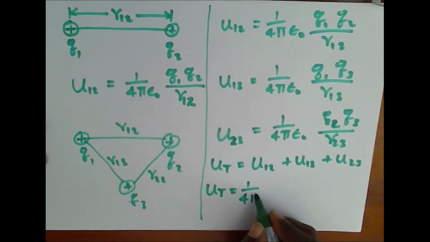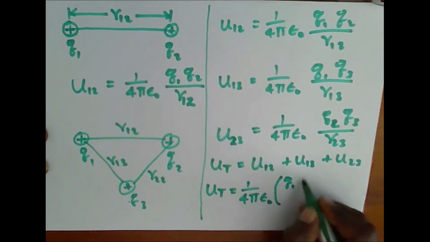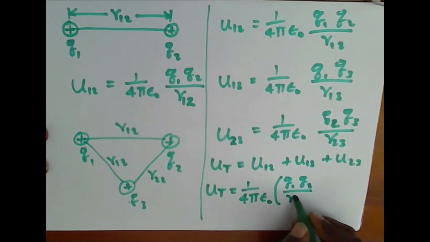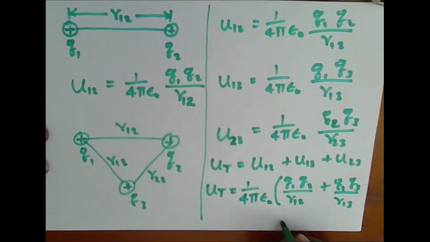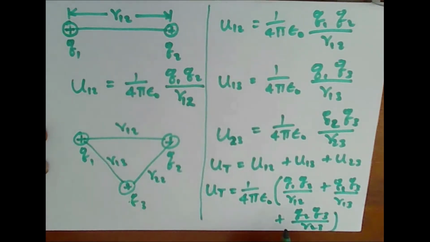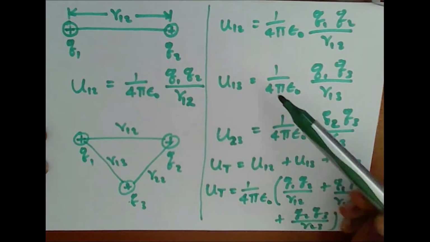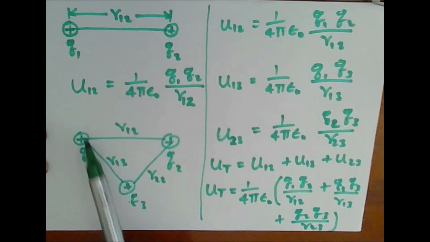Then inside we have Q1 Q2 over R12 plus Q1 Q3 over R13 plus Q2 Q3 over R23. So this is how we find the total electric potential energy in assembling these three charges.